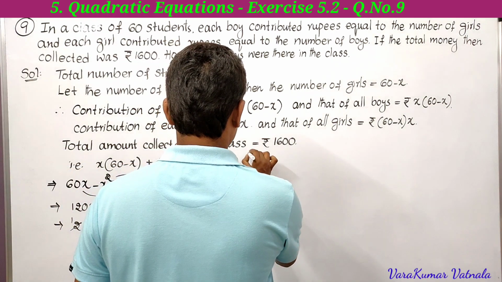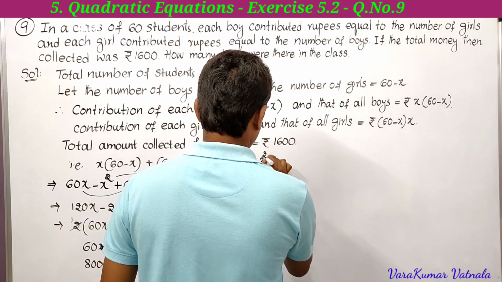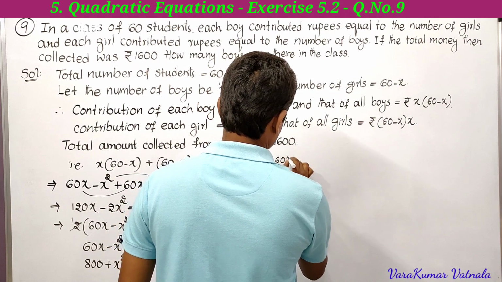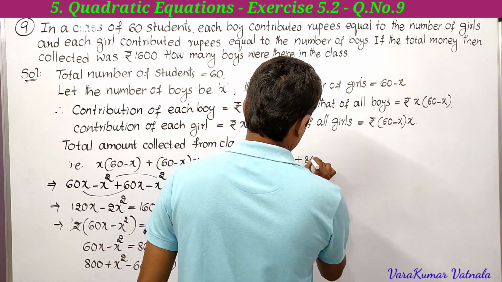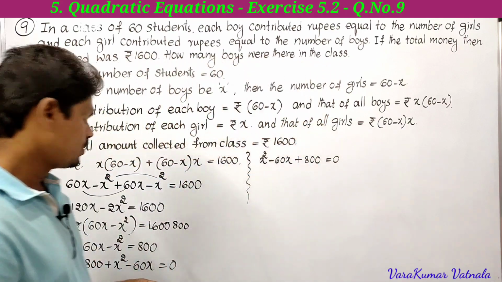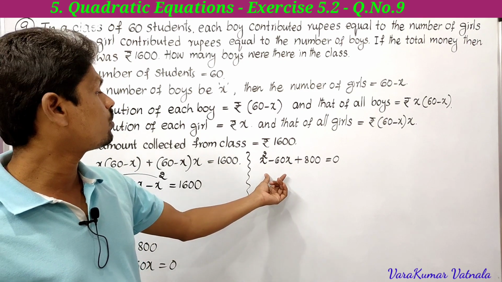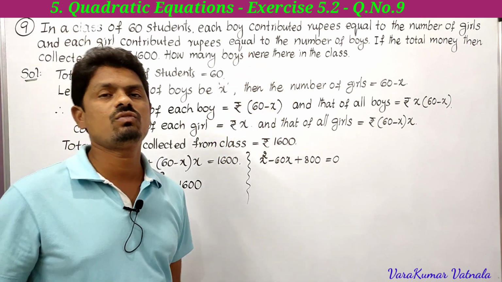So x square minus 60x plus 800 is equal to 0. So now we have the quadratic equation. We have formed a quadratic equation from the given situation.